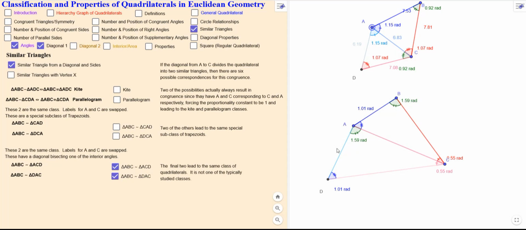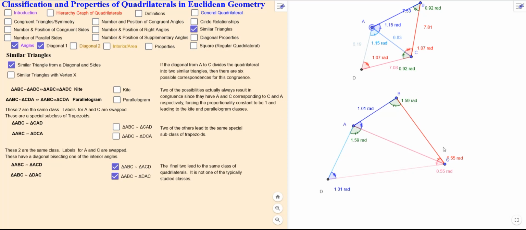And you get exactly the same relationship down here. It's basically just this same picture with the A and the C, the labels are swapped. So this time the angle bisector is at C rather than A. Okay, so it's still basically the same kind of thing.